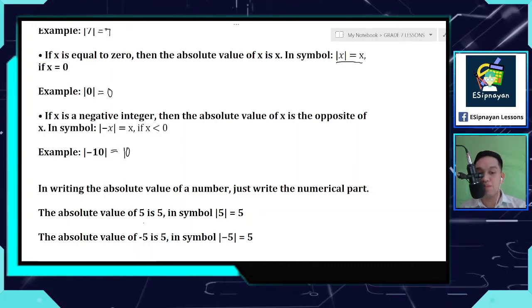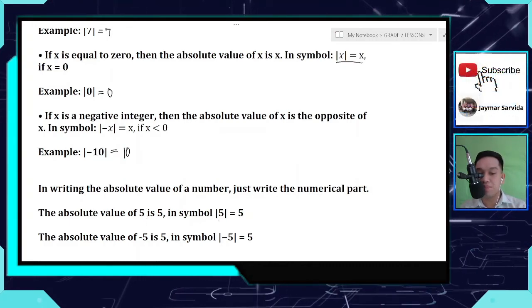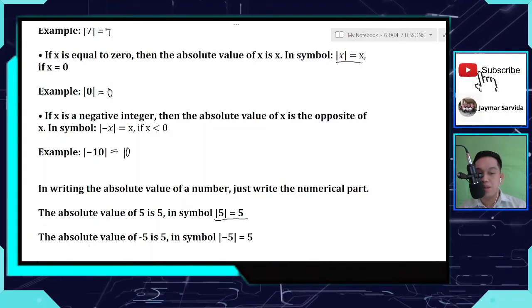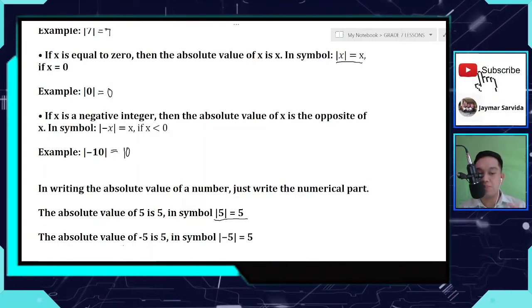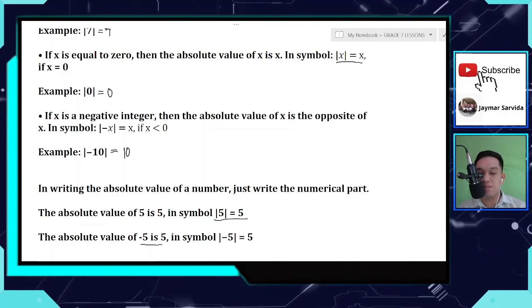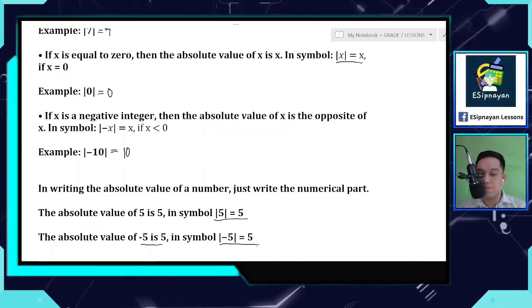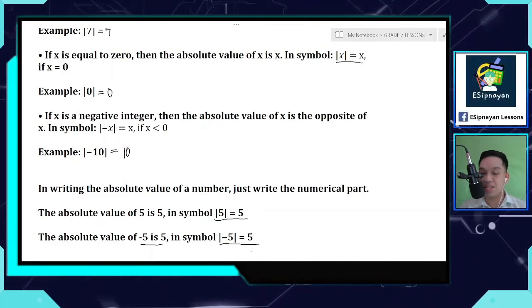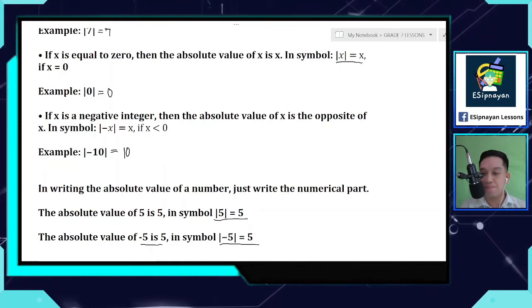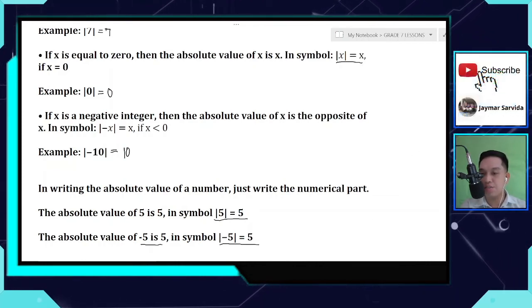Example, the absolute value of 5 is 5. Another example, the absolute value of negative 5 is 5. Always positive, because we are referring to the distance of a certain integer from 0.